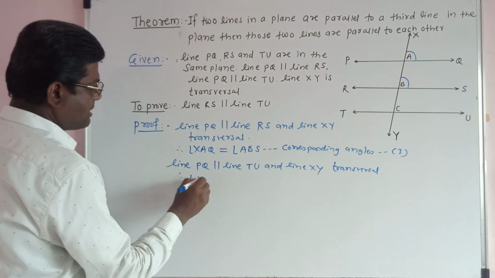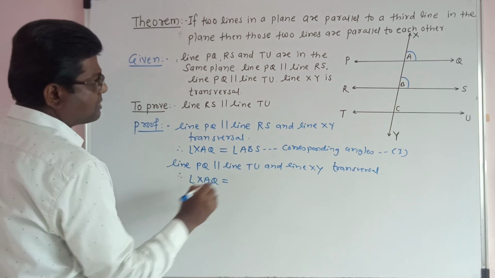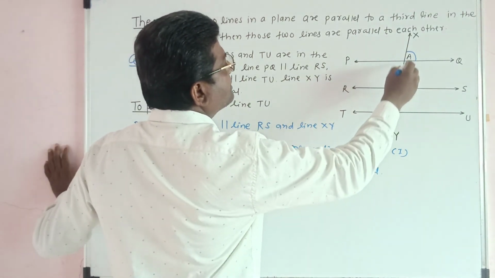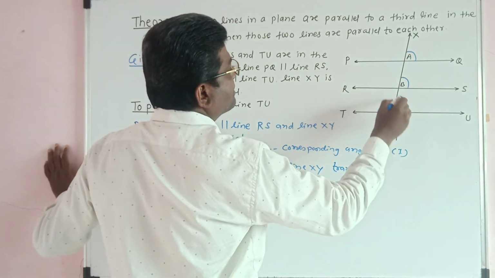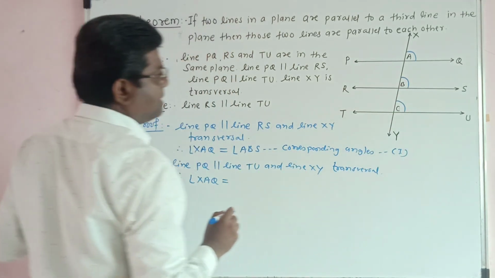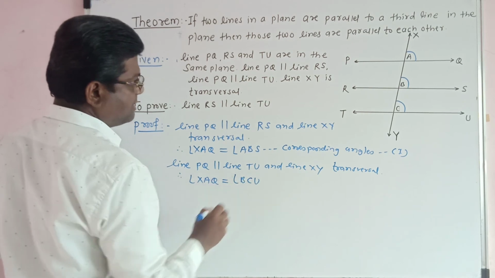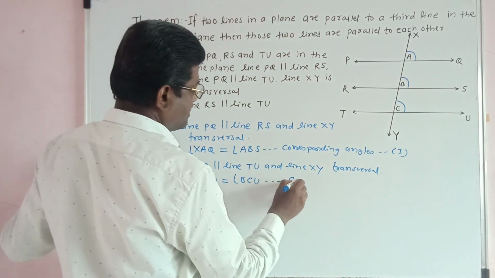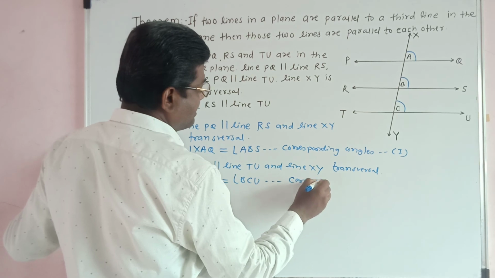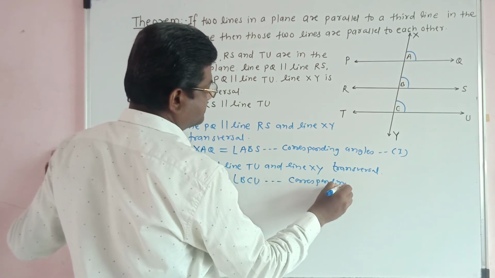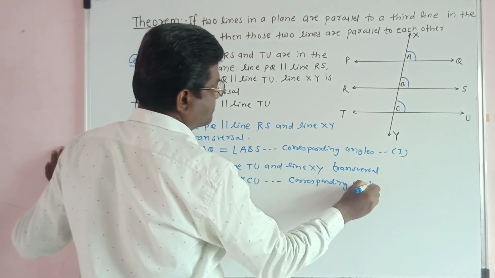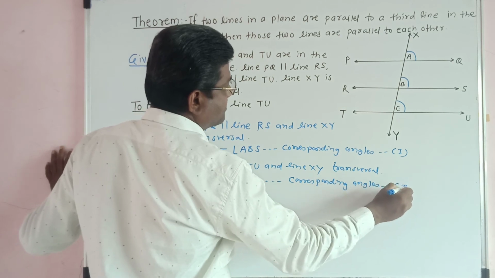Therefore, angle XAQ is equal to angle BCU. Corresponding angles. This is equation number 2.